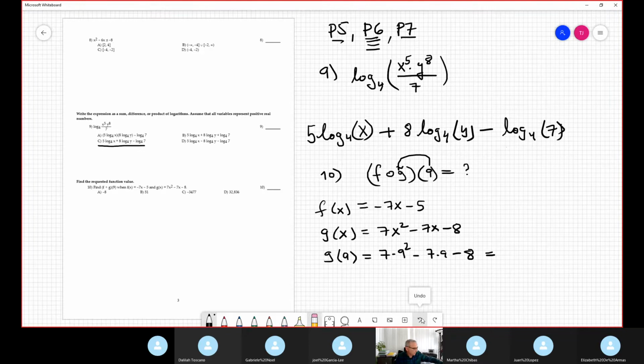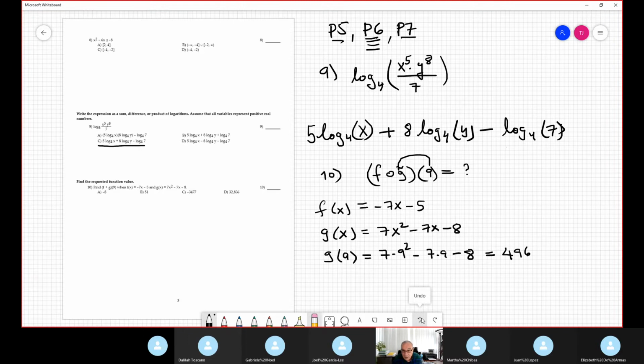Okay, I put it in my calculator, of course. So in my calculator, 7x squared minus 7x minus 8, and you evaluate at x equal to 9. Okay, 496.